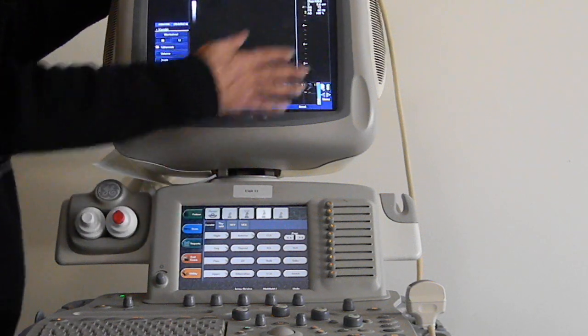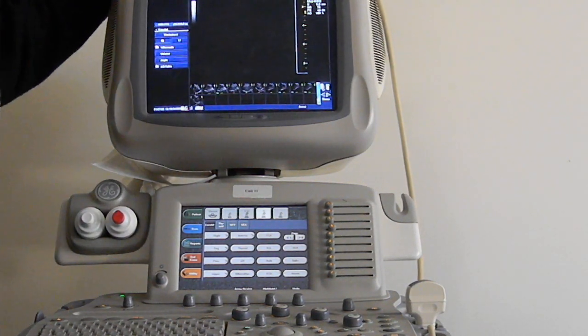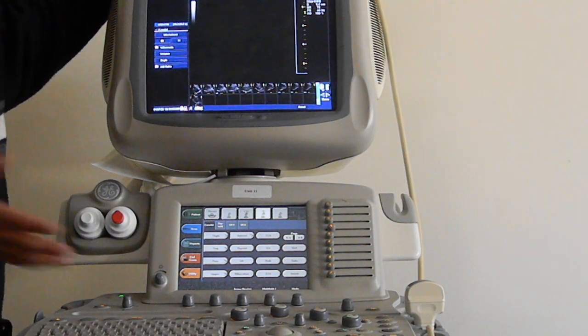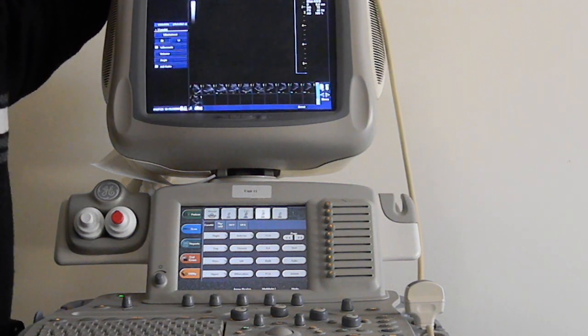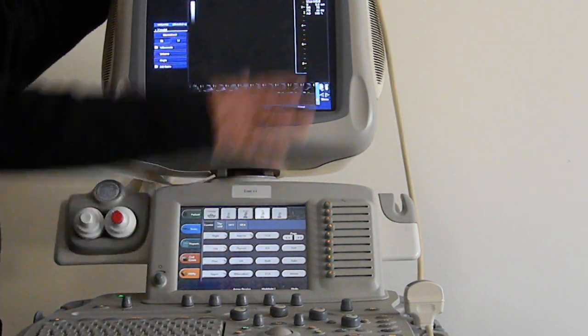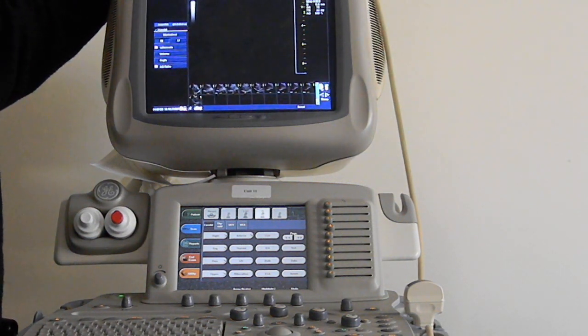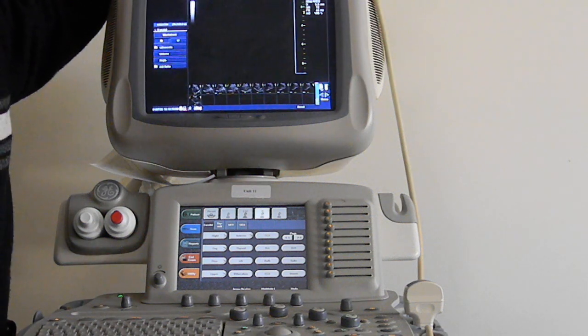What would that mean? That at a certain depth, the sound waves or the sound energy may have decreased to a degree that the reflections that we get back are going to be so weak that we won't see them on the screen. So that's what we'll need to compensate for. So what this time gain compensation, depth gain compensation, swept compensation, or simply compensation is going to compensate for is that attenuation of the sound wave.